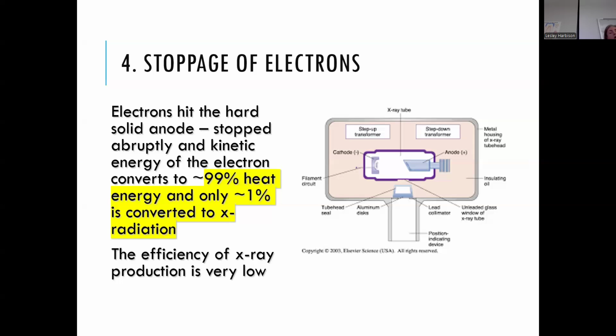And we'll talk more about some of the things that are set up in the machine to help make those more useful. But the efficiency of X-ray production is pretty low when those electrons fly across from the cathode to the anode. They hit that tungsten target, bust apart. We get a lot of heat and 1% radiation, X-rays.